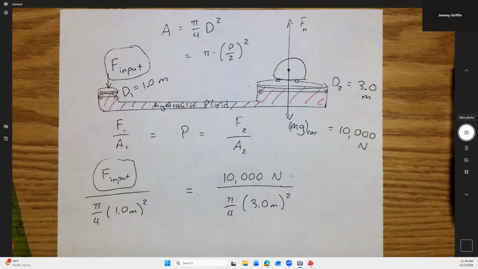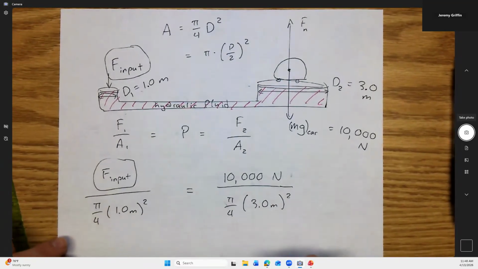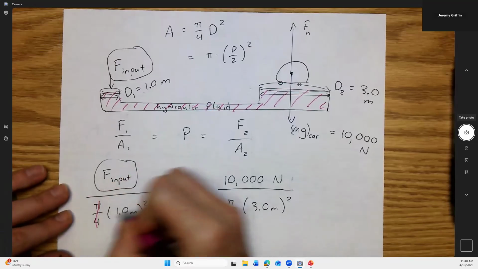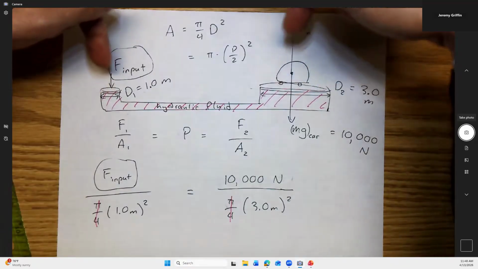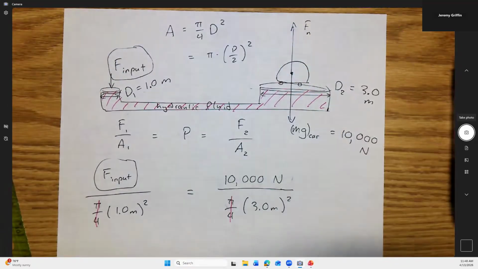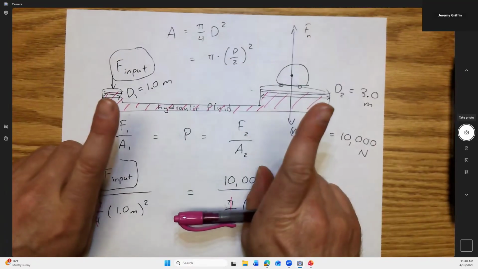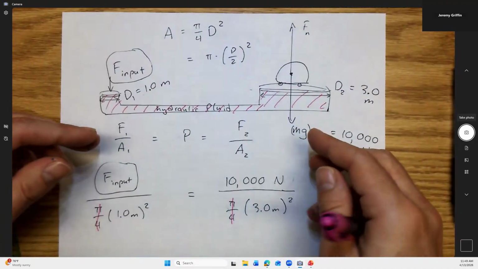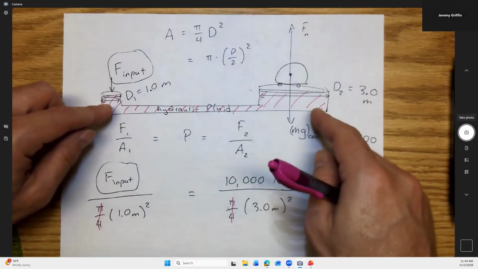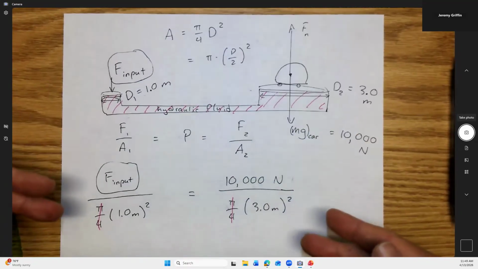Look up here. What cancels out left and right? Yeah, the pi over 4. Remember I said these could be circular cross-sectional areas? What if I changed it to square cross-sectional areas, or pentagons or something weird? As long as I knew the proportions, would it make any difference, or would it be the same at this point?